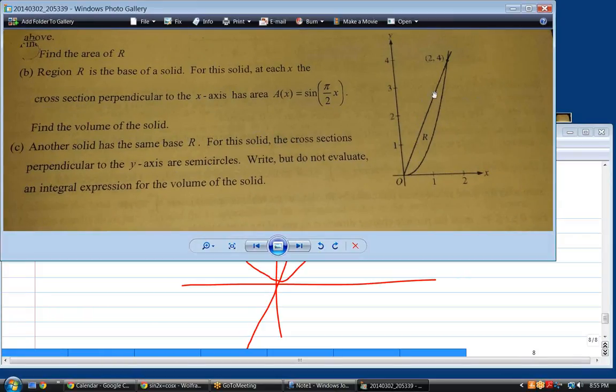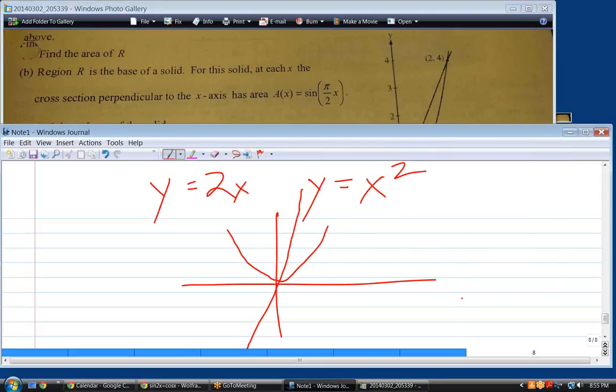So the area of R is just the top function minus the bottom function. The integral from 0 to 2 of 2x minus x squared dx. So integrating that, it'd be x squared minus 1/3 x cubed.